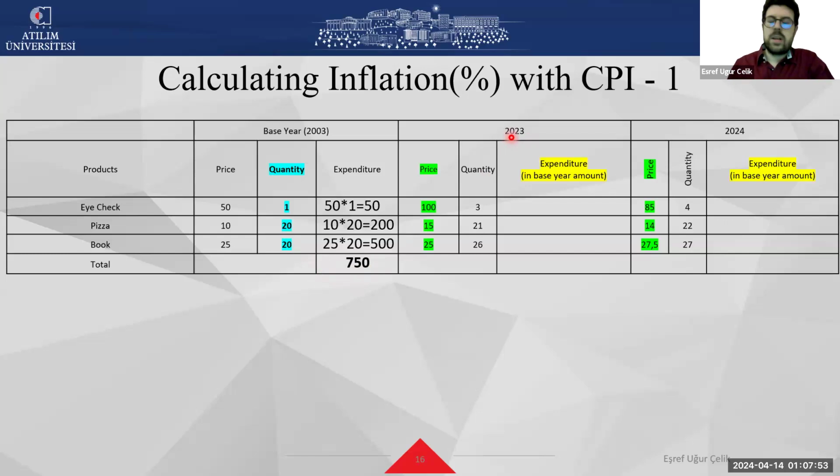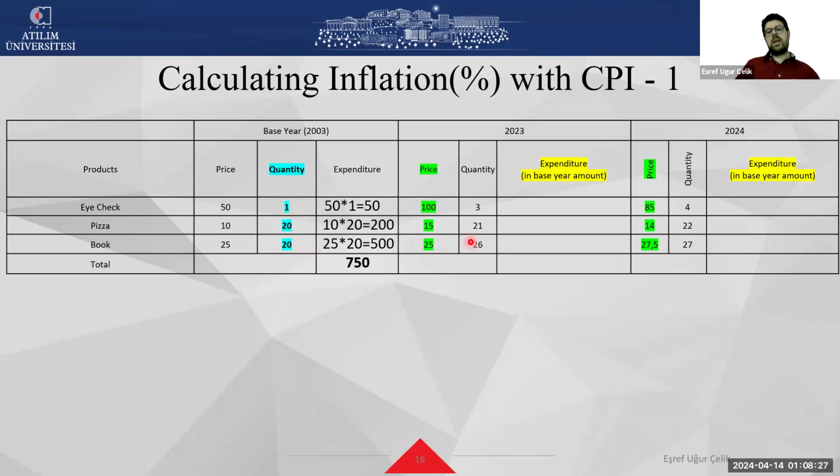What about the 2023? For calculating the expenditure, all time we are fixing the quantity by taking the base year. So it's like that. 1 multiply 100 plus 20 multiply 50 plus 20 multiply 25.